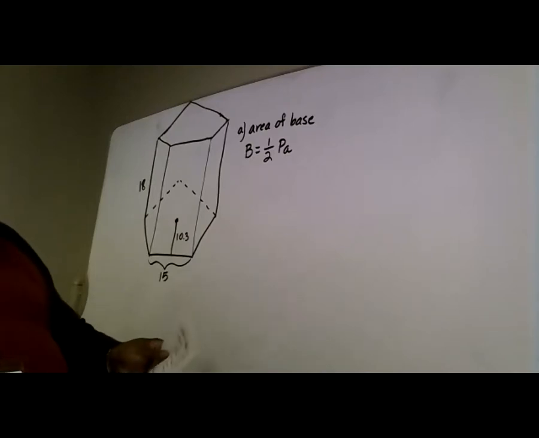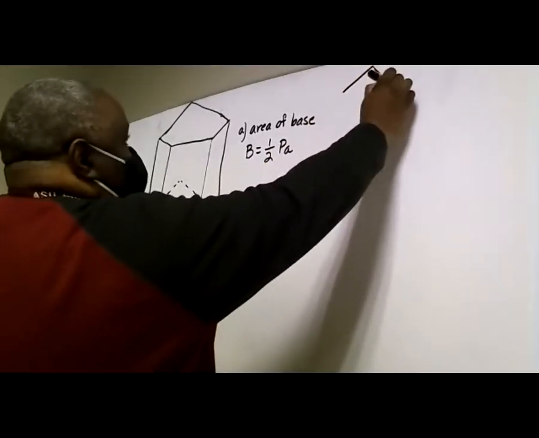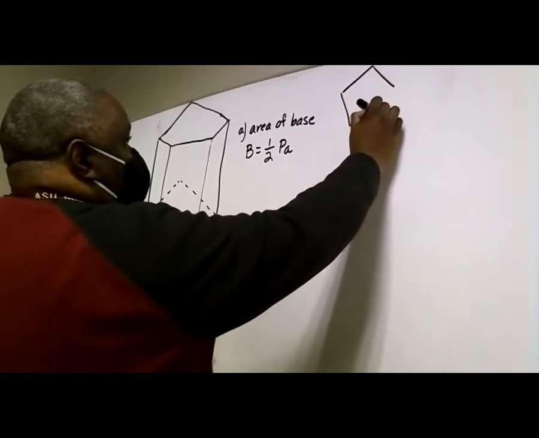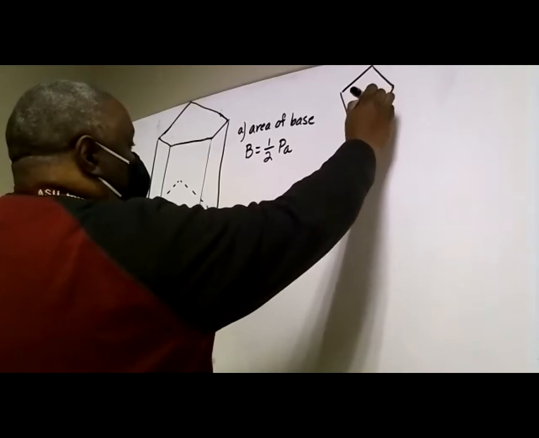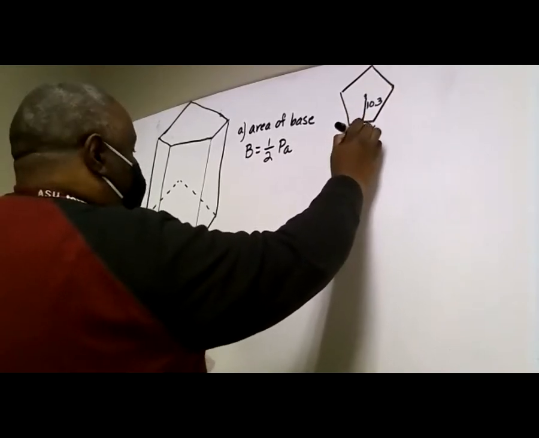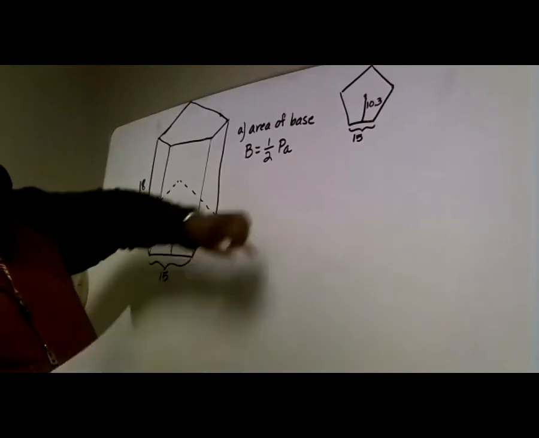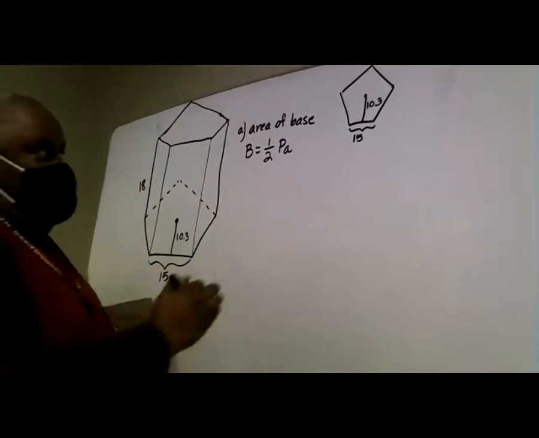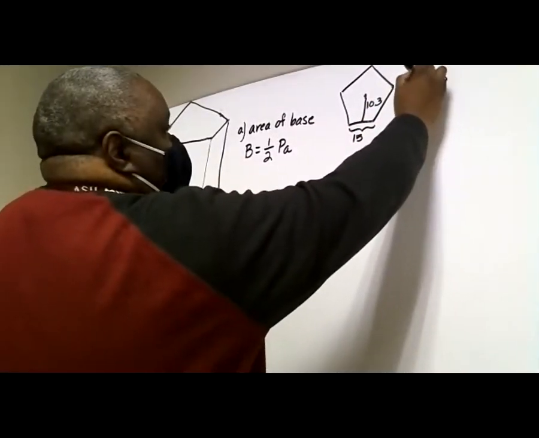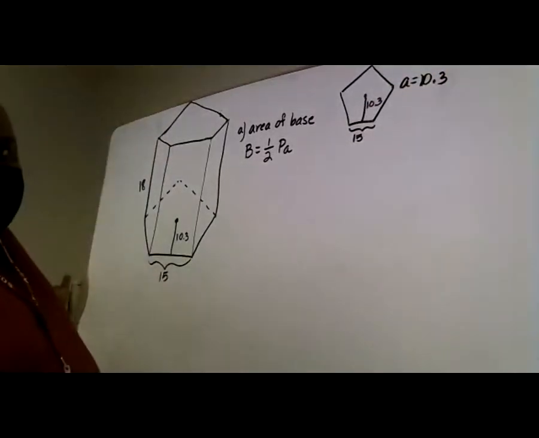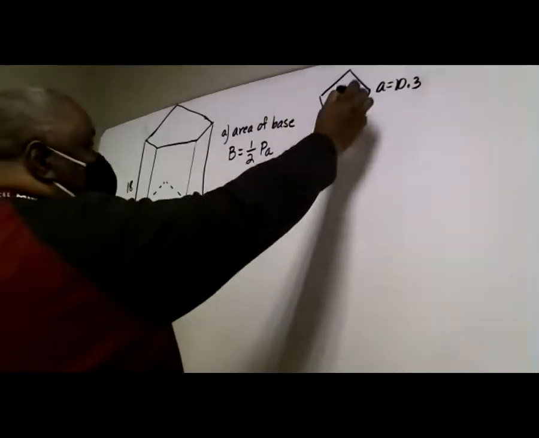Okay, so let's look at what we already have here. I'm going to draw that pentagon. Well, this is 10.3, and this is 15. Okay. So that apothem is given to us. That's 10.3. All right, in this case here, we need to find the perimeter of that pentagon.